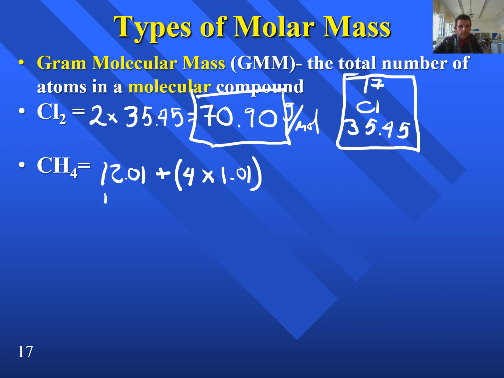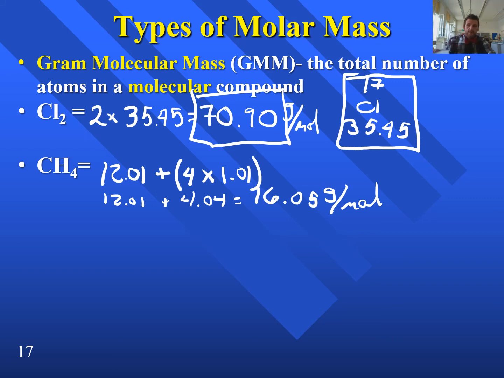So I would get 12.01 plus 4.04 equals 16.05 grams per mole. This is all right off the periodic table, so these numbers here, this number, and this number I got off the periodic table. Just like this one I did up here. It's just this bottom number, the atomic mass.